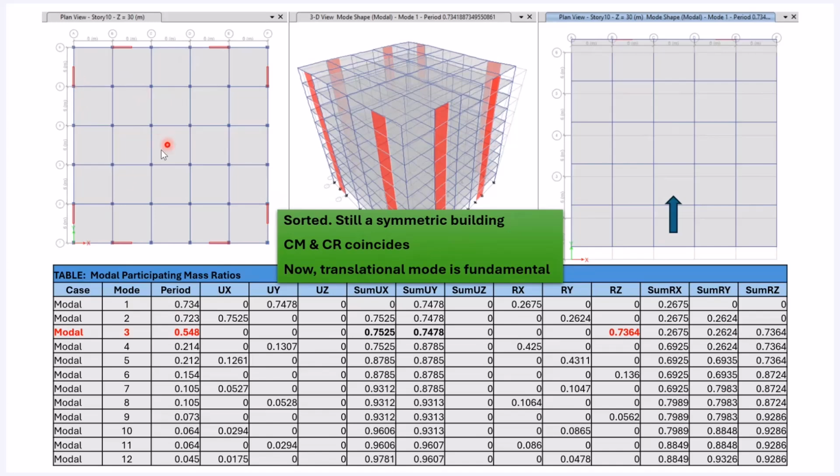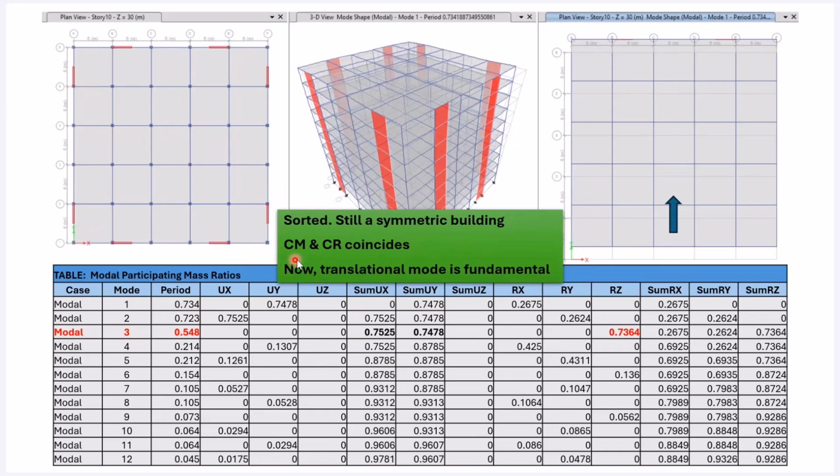So when it is very far, obviously we will be moving towards the corners. And although there will be practical reasons that we cannot provide them at some corners because of building aesthetics and architectural requirements, the idea is that we take it very far from the center of rigidity.